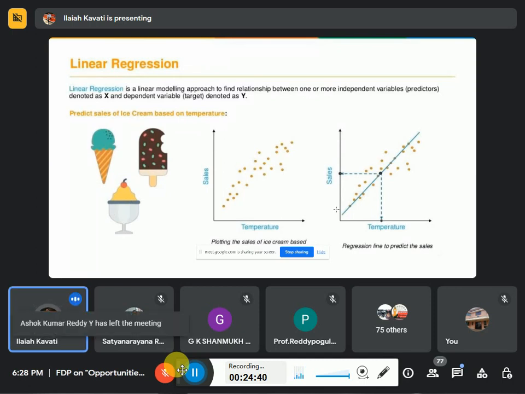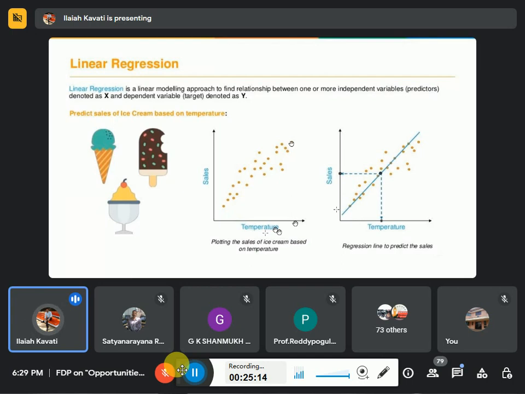Another example you can see here. Generally, the sales of ice cream or cool drinks will depend on the temperature. As temperature increases, the sales also increase. So y, the sales, depends linearly on x, the temperature.